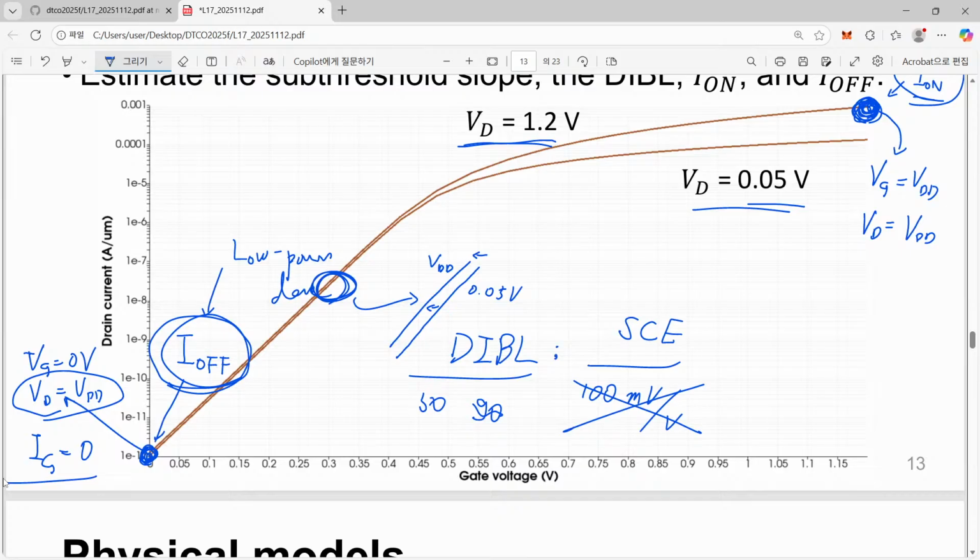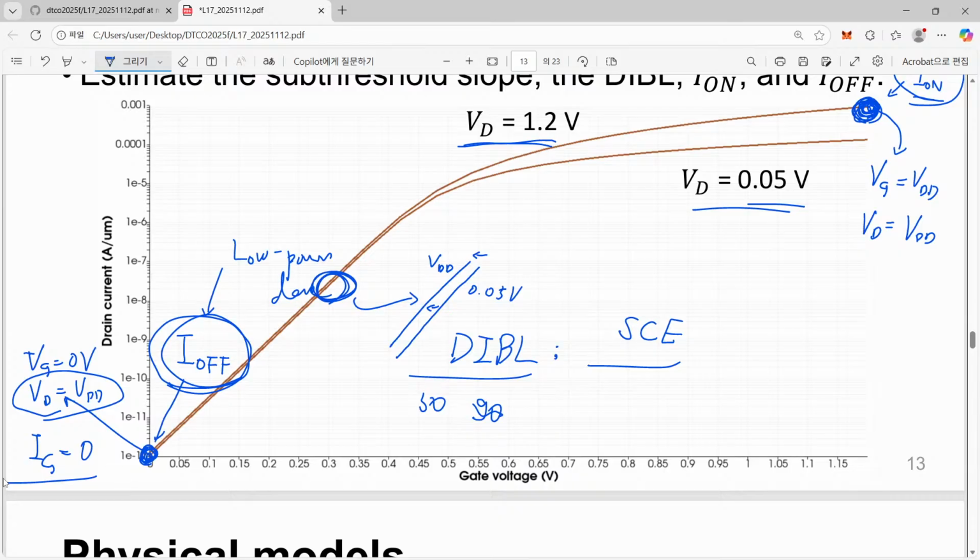I can see so many papers whose DIBL is volt per volt or 10 volt per volt. If you have this kind of numbers, it cannot actually be used. So it is meaningless, of course, in the sense of mass production. In terms of research, okay, it's just okay.